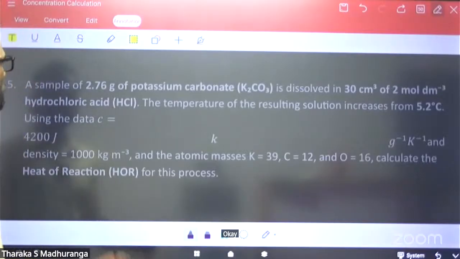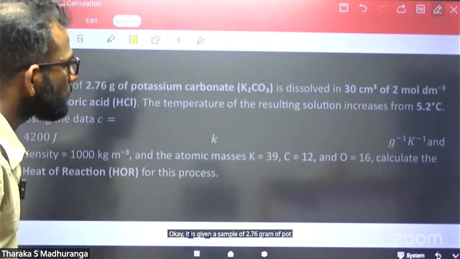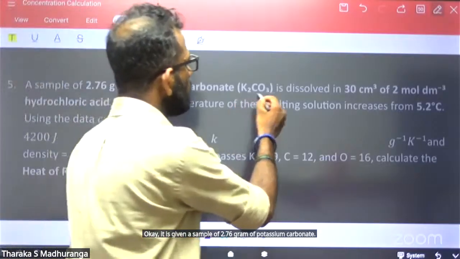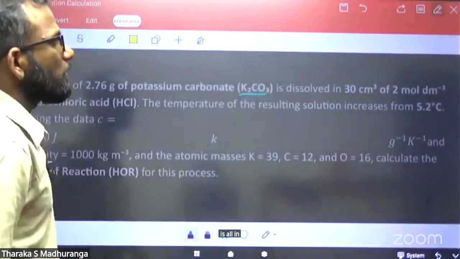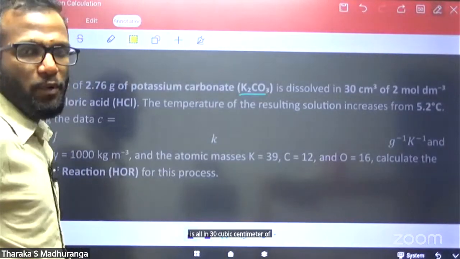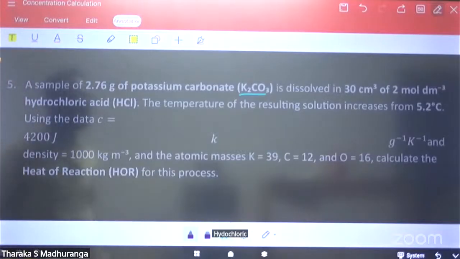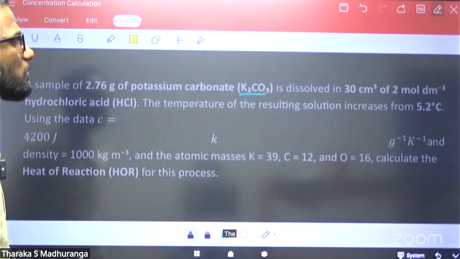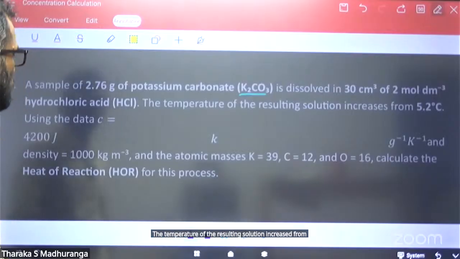Okay, it is given a sample of 2.76 gram of potassium carbonate, K2CO3, is dissolved in 30 cubic centimeter of 2 mol dm^-3 hydrochloric acid. The temperature of the resulting solution increased from 5.2 Celsius.